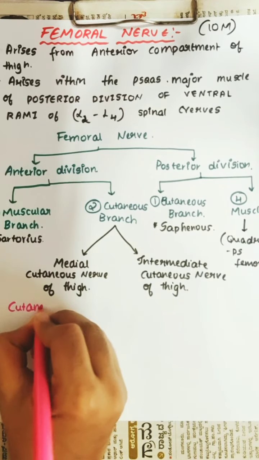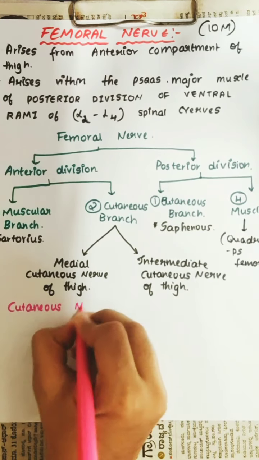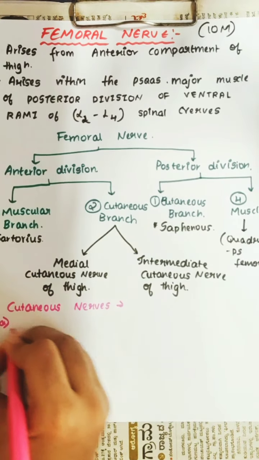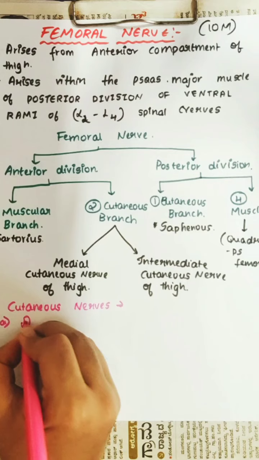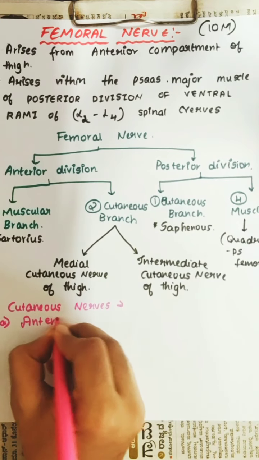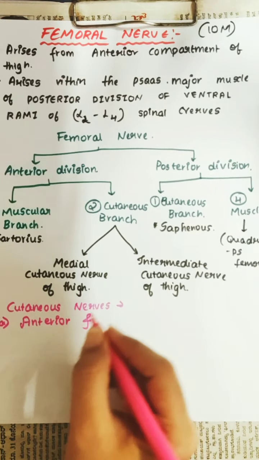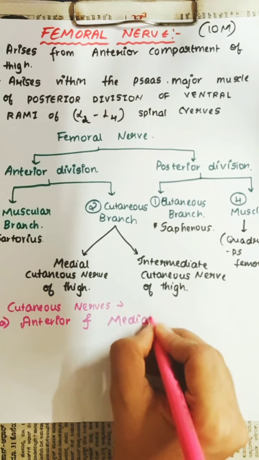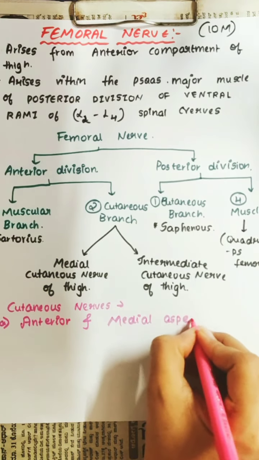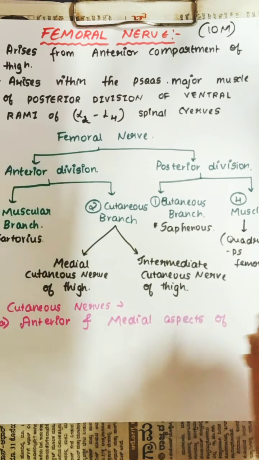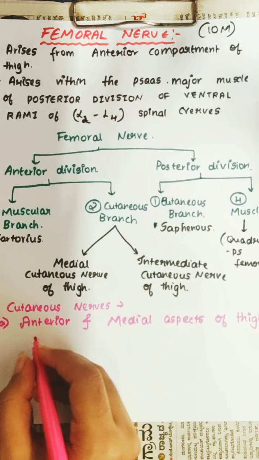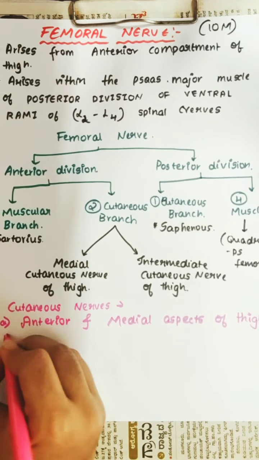Cutaneous nerves are found mainly in the anterior and medial aspects of thigh. They are also found on the medial side of the leg and foot.